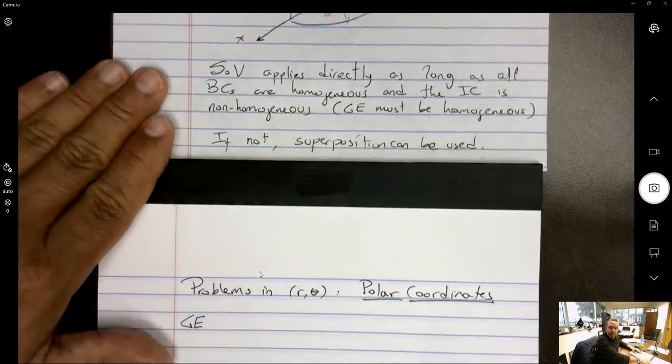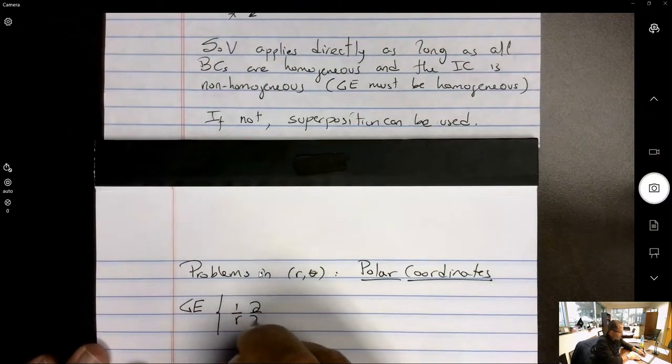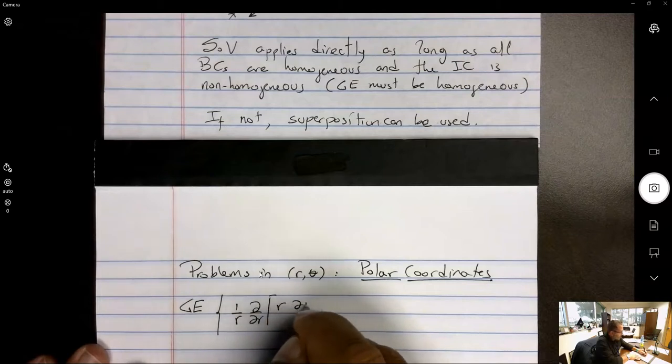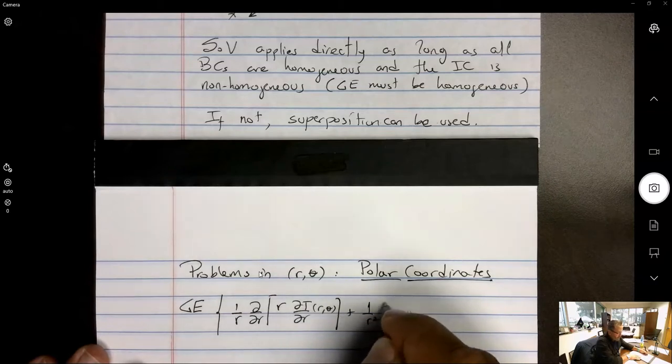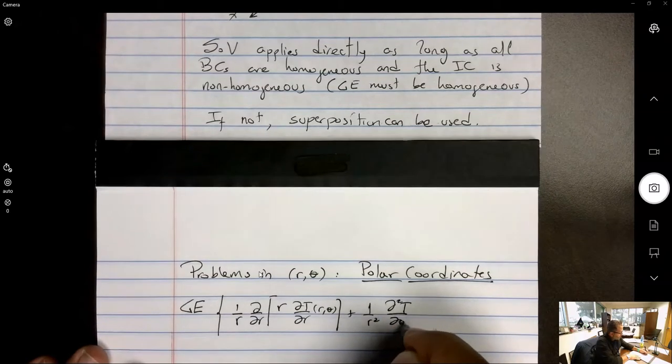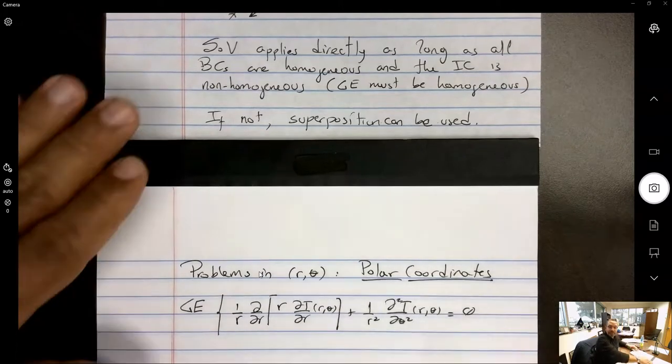So the governing equation looks like 1 over r d/dr of r dT/dr, which is a function of r and theta, plus 1 over r squared, the second derivative of T with respect to theta squared, r and theta. And this is equal to 0.